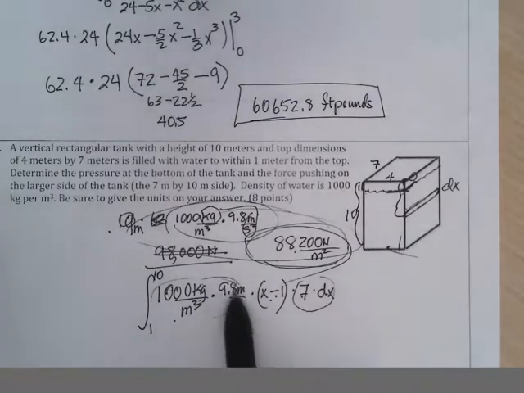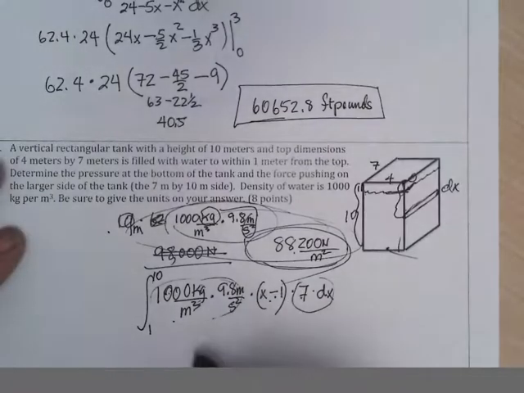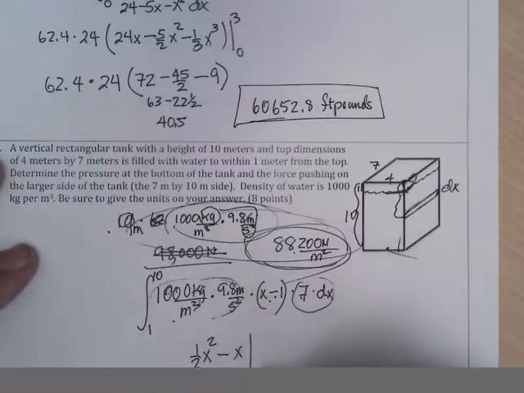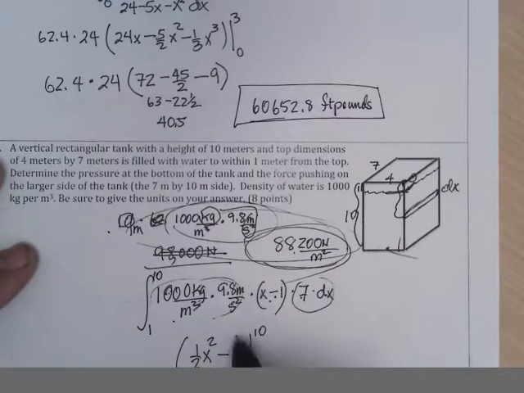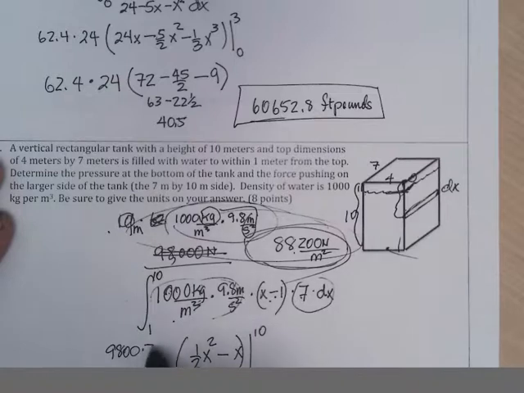The 7, that, and that all come out, and so we're just integrating x minus 1, which would be 1/2 x squared minus x, evaluated from 1 to 10, times 9800 times 7.